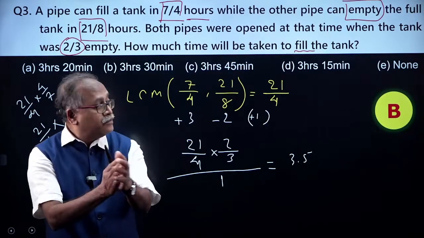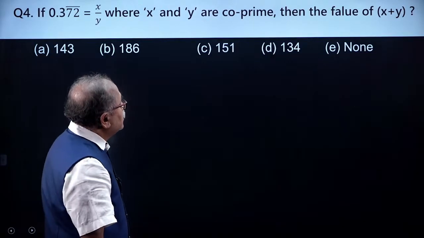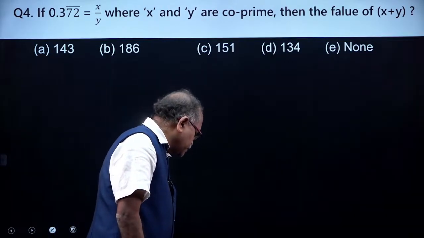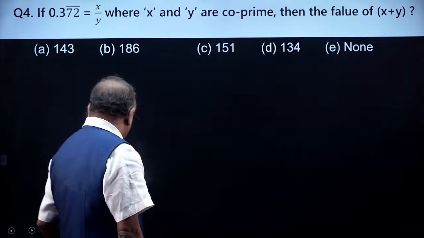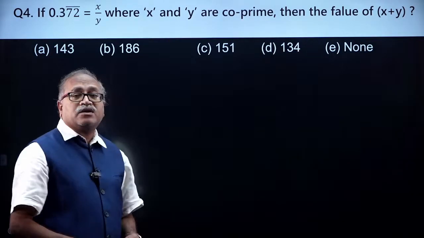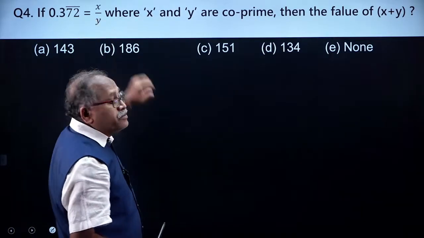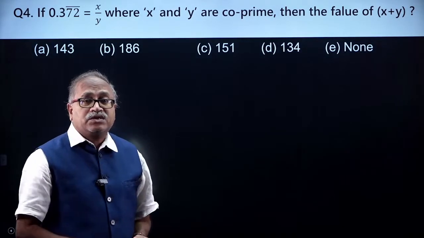Well done. So let's move on to the next question. As you must be writing the RRB exam or the SSC exam, this is from the number system, the recurring decimal.